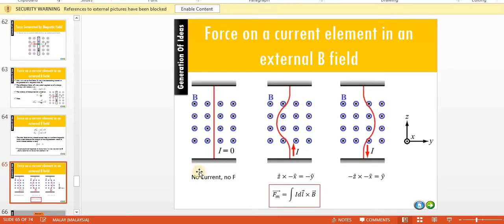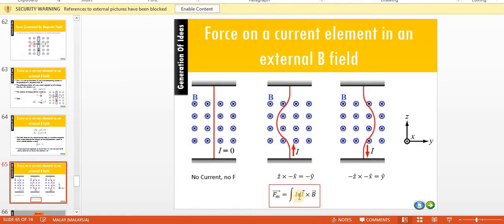So let's look at an example. Imagine there is no current here, and of course there will be no force. When the current flows in the z direction and the magnetic field is in the negative x direction, the direction of the force will be negative y.